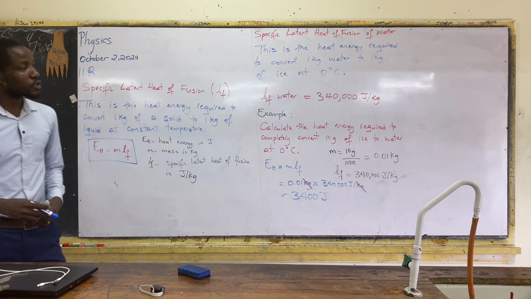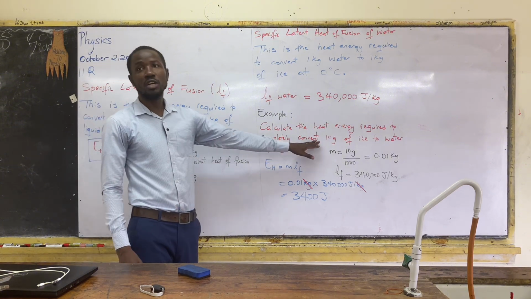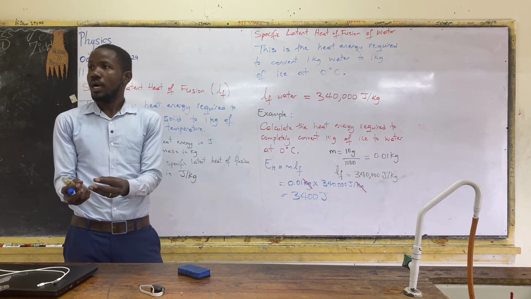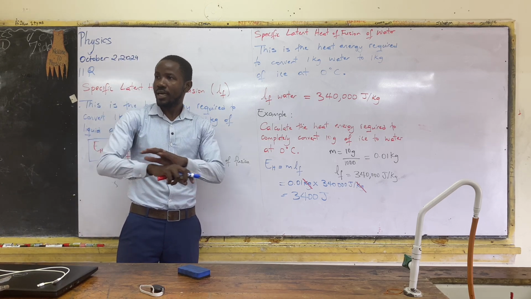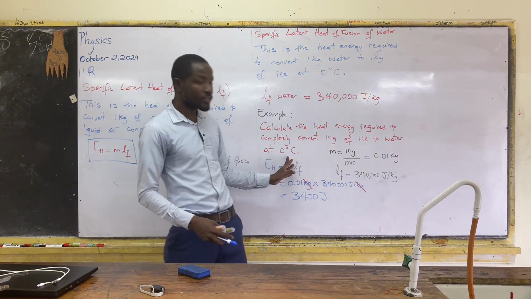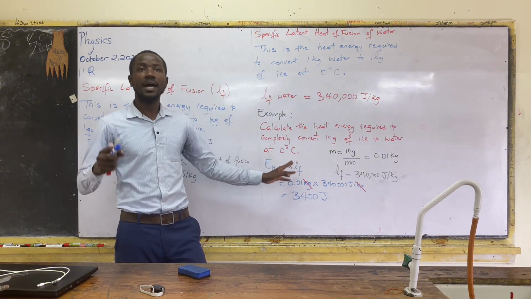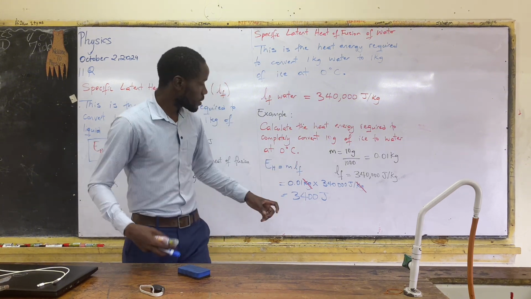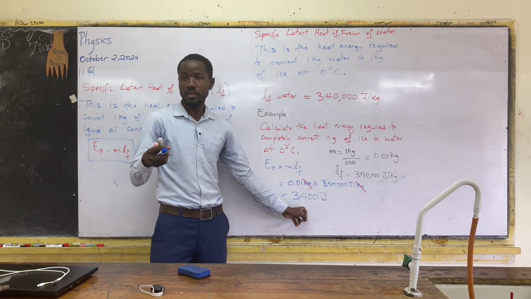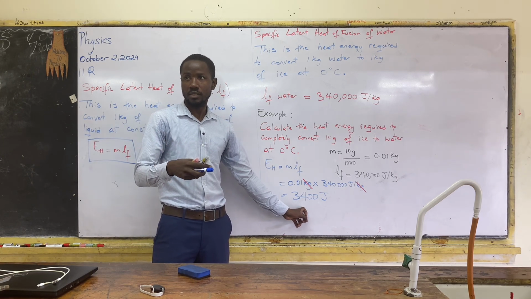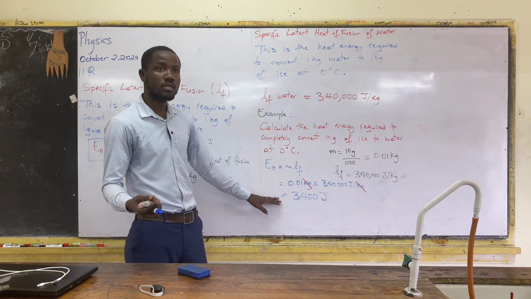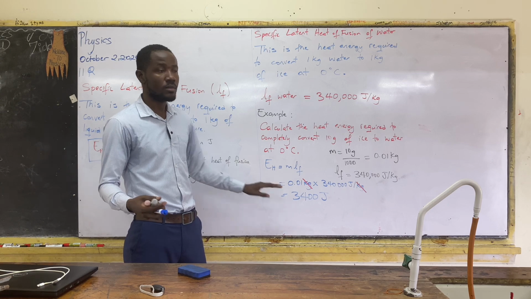So if you take 10 grams of ice and place it in an open container, and after a while you realize that the ice melts to form water, and the temperature is at 0 degrees Celsius, it means that the ice would have absorbed this amount of energy from the environment in order to change its state. And notice that the temperature did not change because the substance was changing its state.